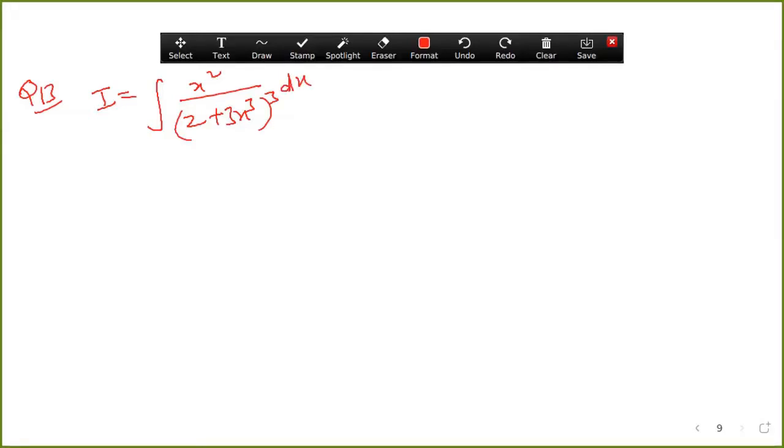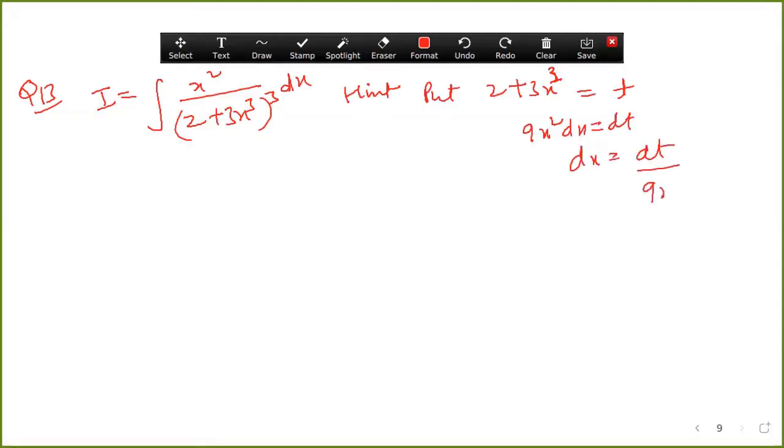In this question, the hint is put 2 plus 3x cube equal to t. And this becomes 9x square dx is equal to dt, and you can put dx is equal to dt upon 9x square. Now you can do the question. Proceed on your own.